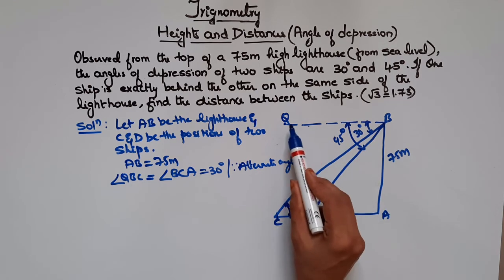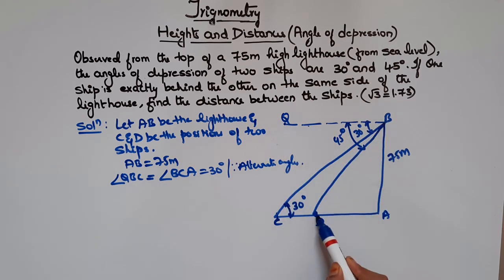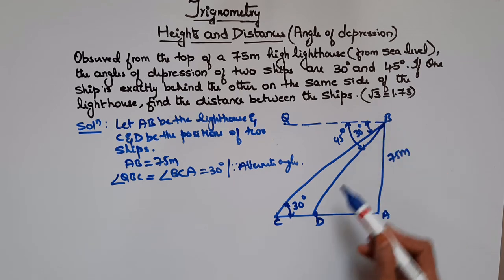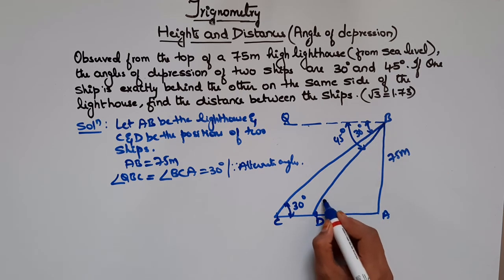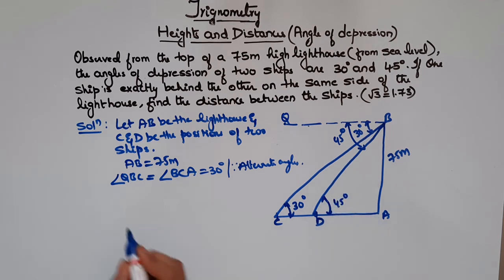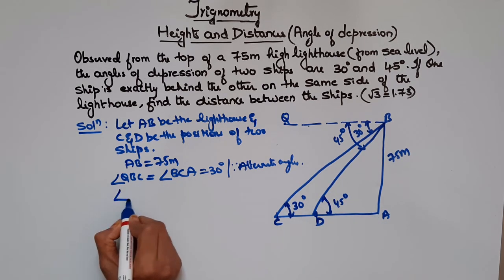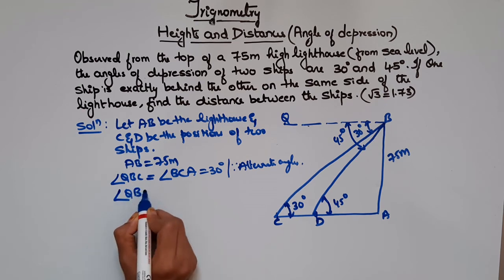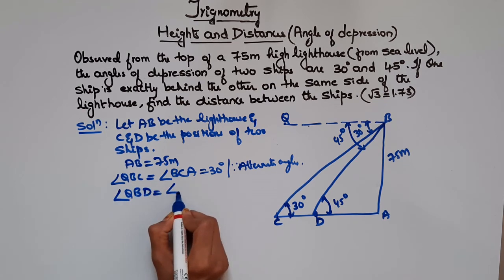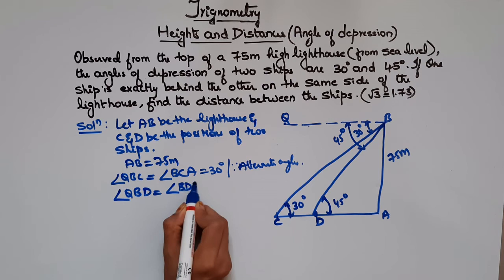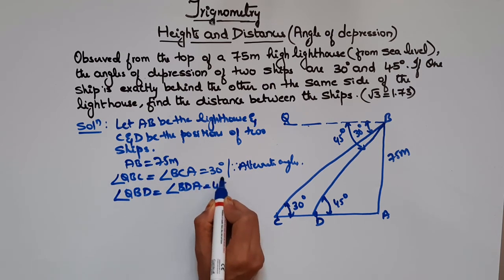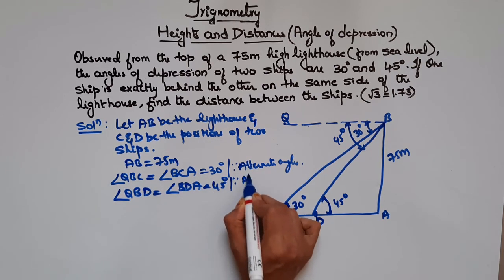Similarly, we have angle QBD is equal to angle BDA, that is this angle. So this angle is 45 degree, right? So let me write that. We have angle QBD is equal to angle BDA, which is equal to 45 degree, since alternate angles.